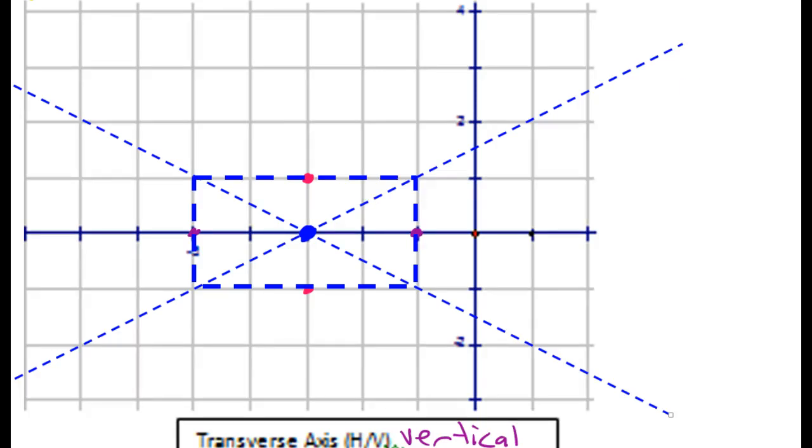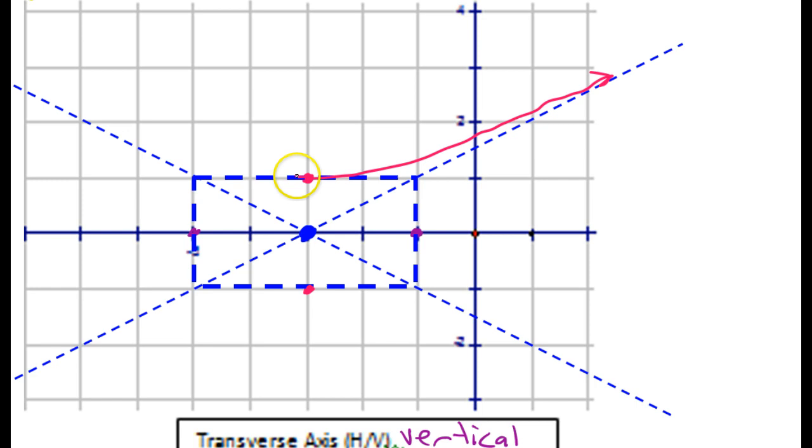So I'm going to go ahead and draw my hyperbola now. The hyperbola will, of course, start at the vertices, which are these red dots. Then they should approach the asymptotes. So make sure your branches of the hyperbola get very close to the asymptotes.